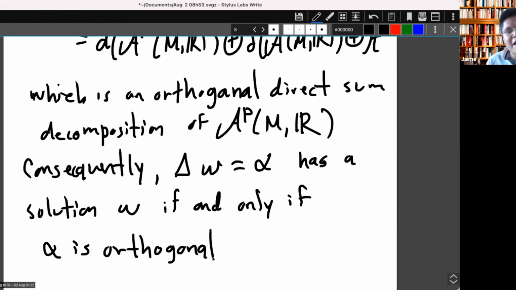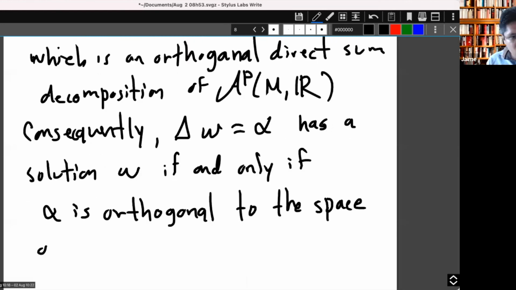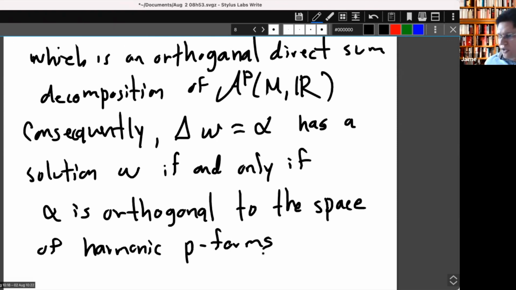And by orthogonal, I mean orthogonal with respect to the inner product I defined at the beginning of this section. If and only if alpha is orthogonal to the space of harmonic P forms. Okay. So this gives us a clue on how to solve the Laplacian equation.